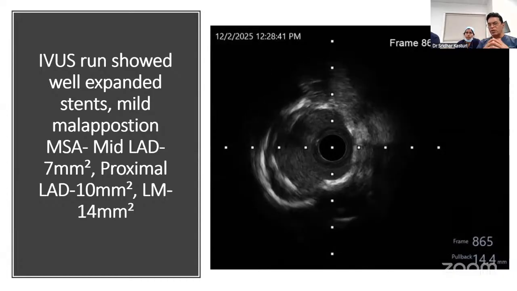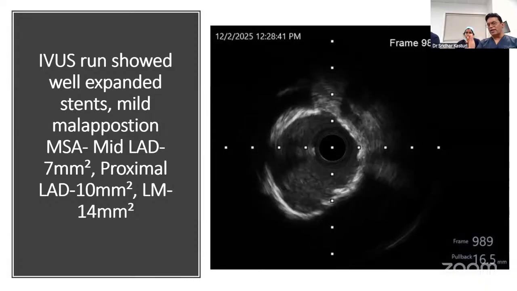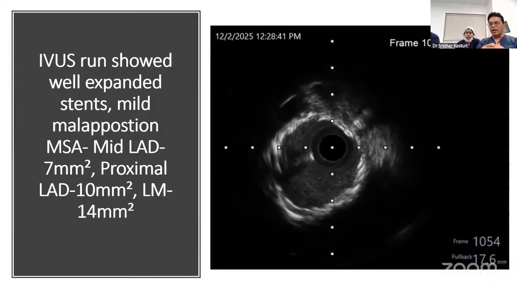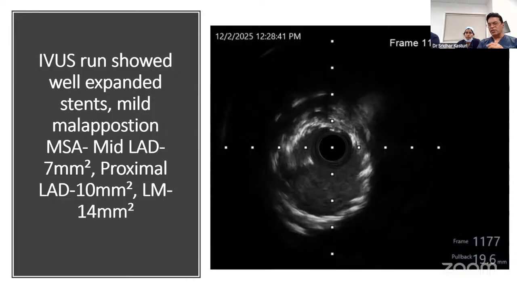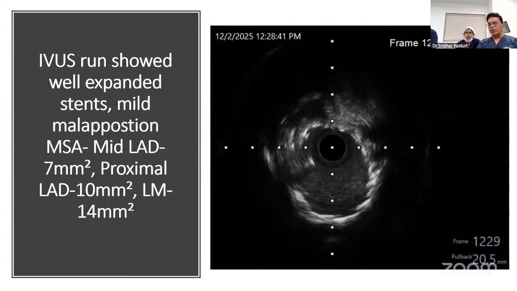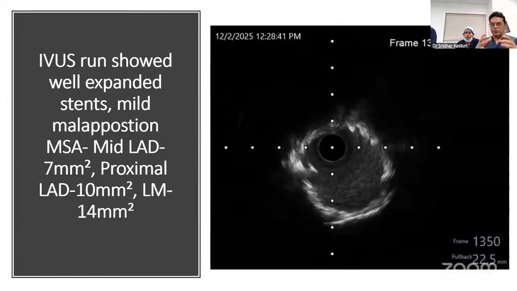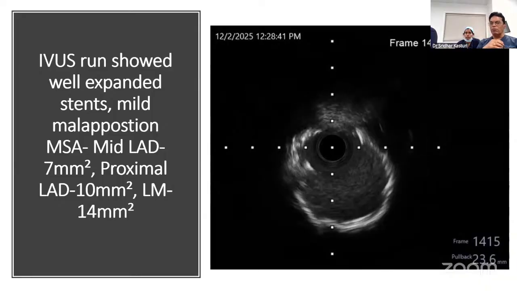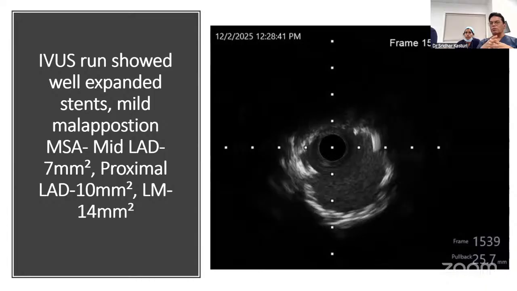Such a big nodule completely disappeared, pushed flat to one side, and we don't see any calcific nodule in the final images, and the luminal area is very good everywhere. That is the advantage of the combination. Though the cost is more, in complex cases it is worth it. When it's complex, never compromise.